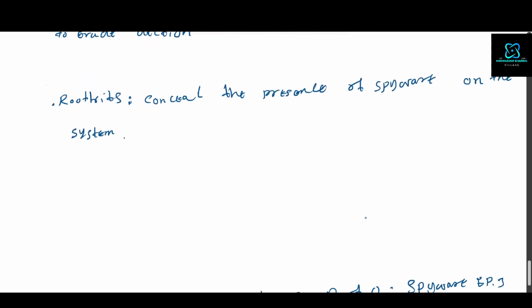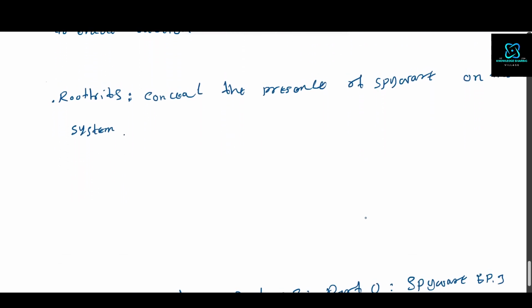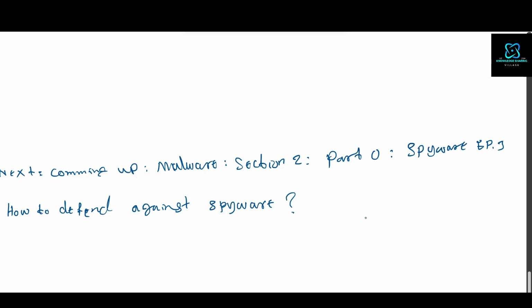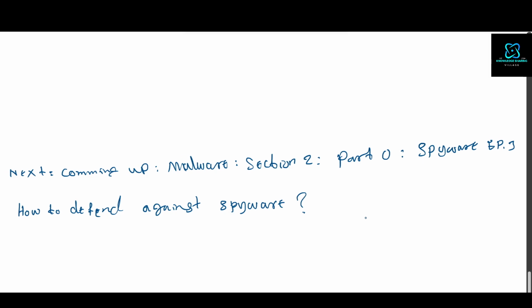Coming up next: in the first episode we talked about what it is, in the second episode we talked about how it works, and in the third episode we are going to talk about how to defend against spyware. Again, there is no 100% defense, but by deploying these measures you increase your defenses.